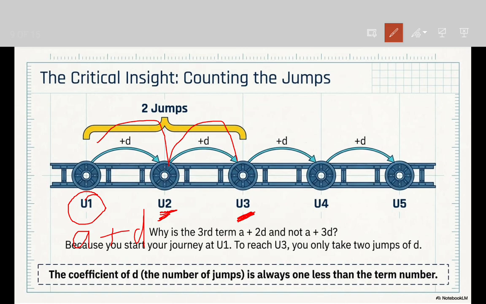The fifth term will give me 1, 2, 3, 4 jumps plus my first term. All right. So note here, the coefficient of D, the number of jumps, is always 1 less than the number of terms.